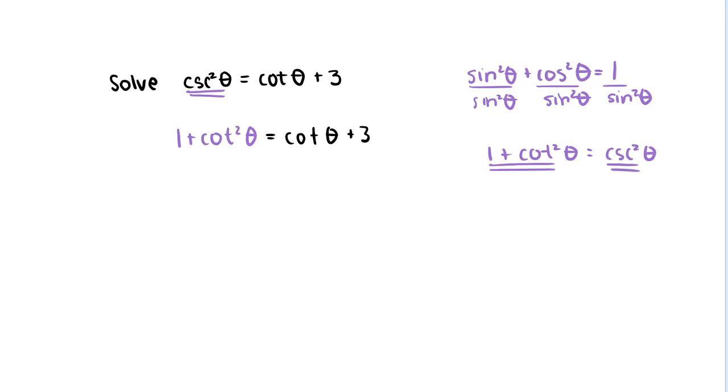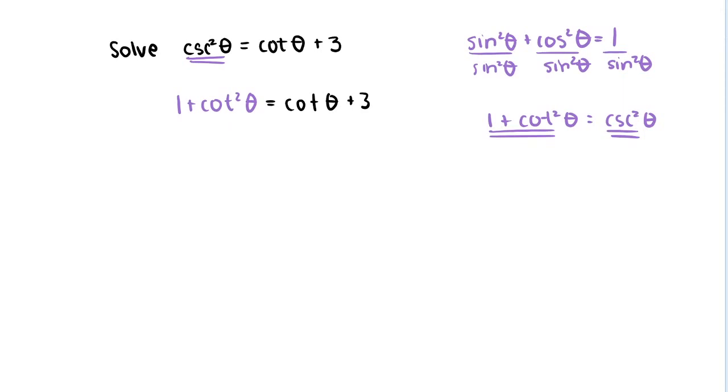And the benefit of this is that now this trigonometric equation is only in terms of cotangent of theta. I can try and factor this out by subtracting both sides by cotangent of theta. Right, so here maybe I'll write this as cotangent squared of theta. If I subtract both sides by cotangent of theta, I have minus cotangent of theta. I still have the plus 1 is equal to 3.